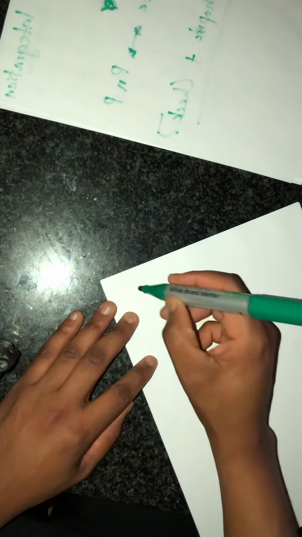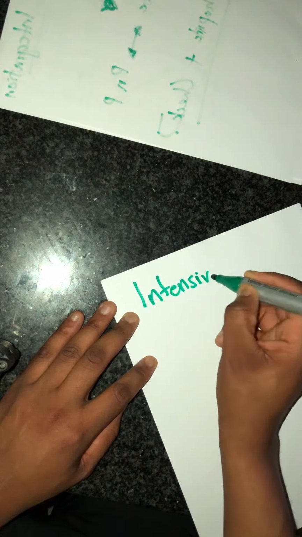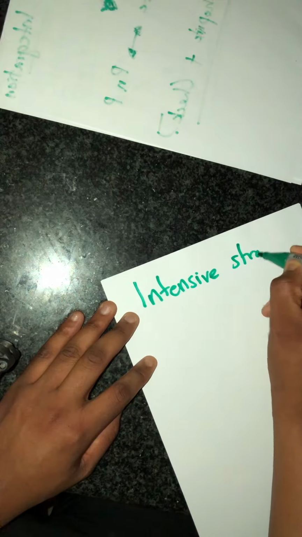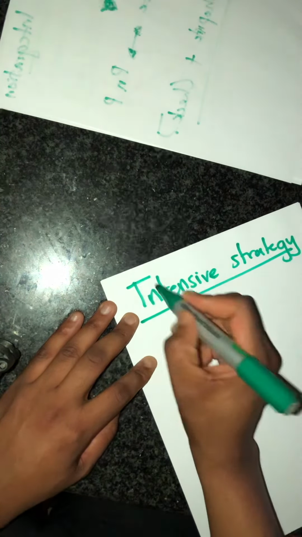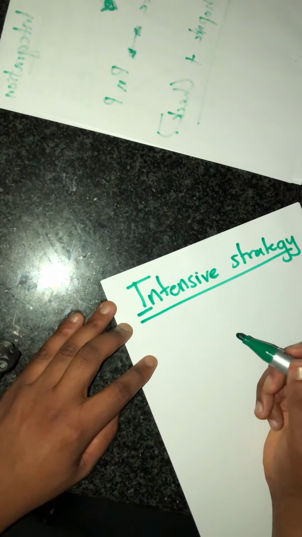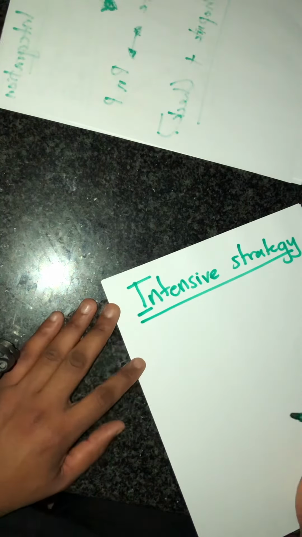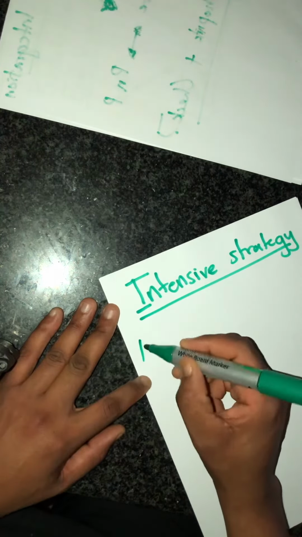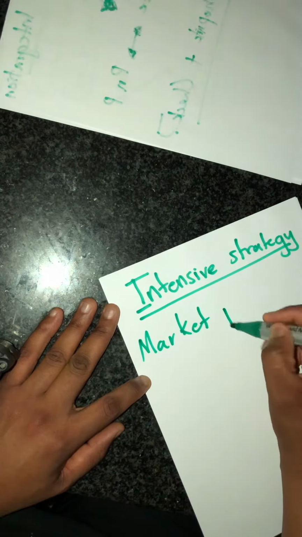The second one I want us to discuss is called intensive strategy. With the intensive strategy, it's an intensive way of businesses entering into the markets. So the first one we are going to discuss is called market penetration.